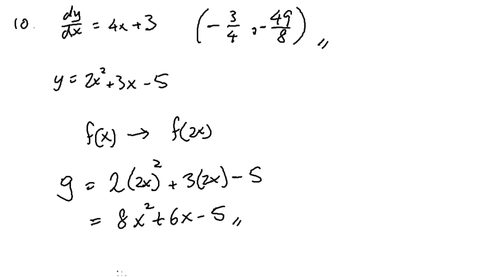For the minimum point given above, since it has been stretched by a half, the x value will change, but the y value will not. So the x value will be halved, so it is minus 3/8, and the y value remains minus 49/8. That is the new minimum point.